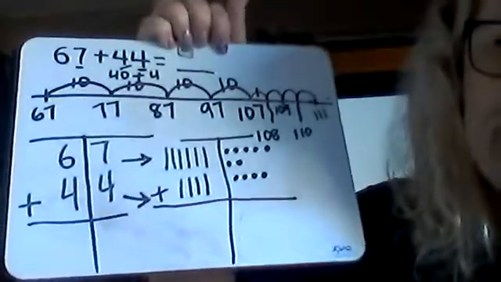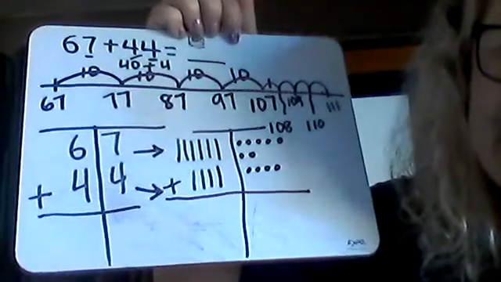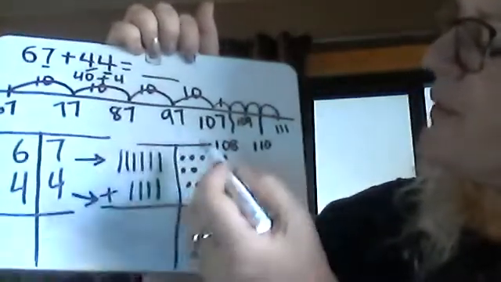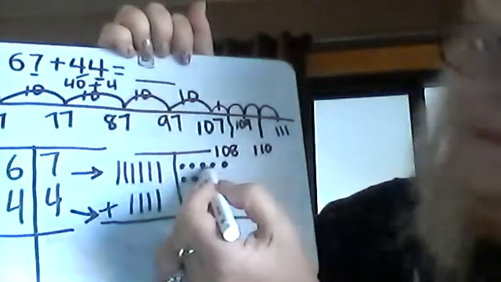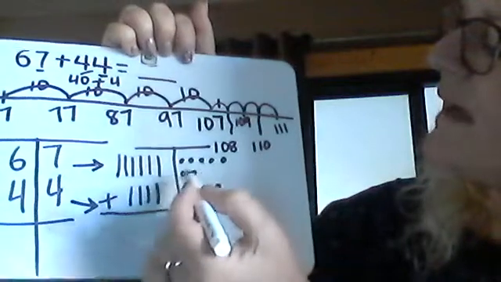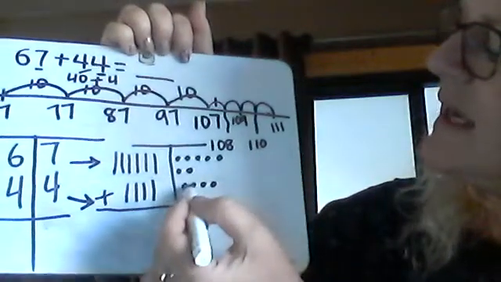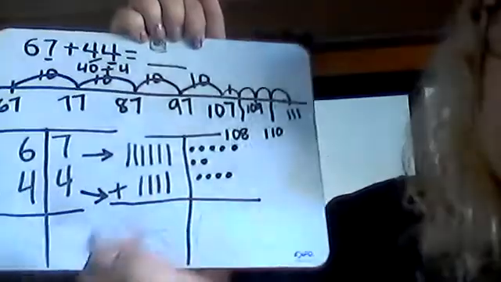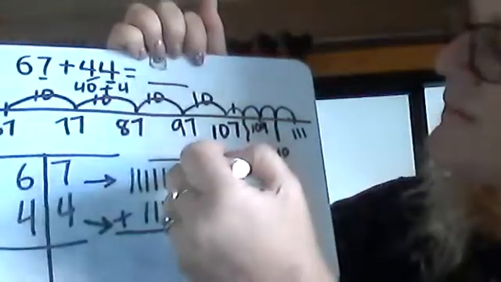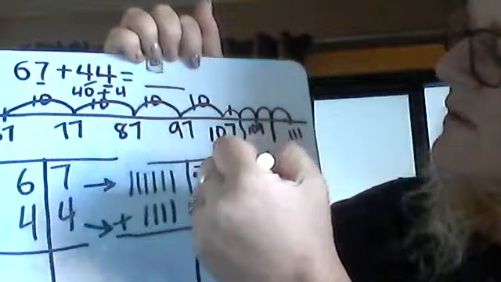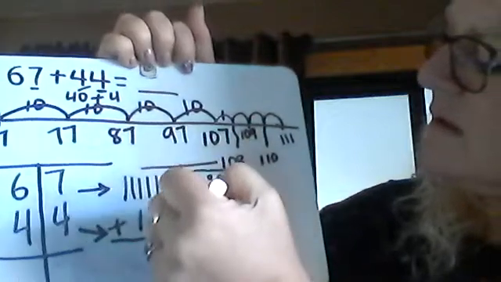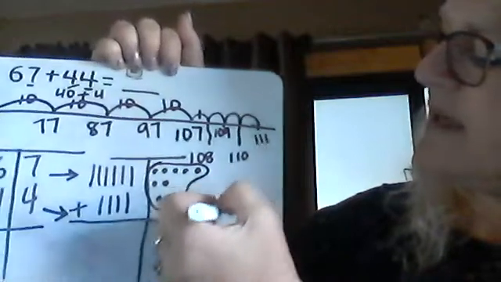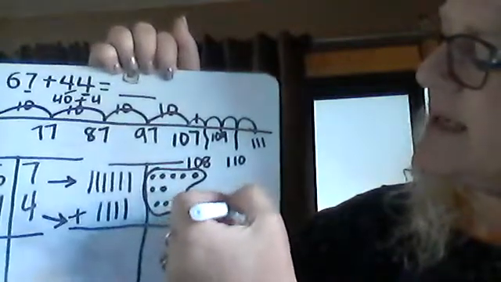What do we count first? The ones or the tens? That's right, the ones. Here we go. 1, 2, 3, 4, 5, 6, 7, 8, 9, 10, 11. Whoa. 11 cannot live in the ones column. Let's take 10 out because 11 is the same as 10 plus 1.